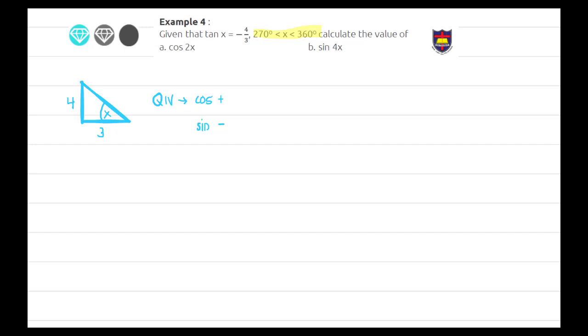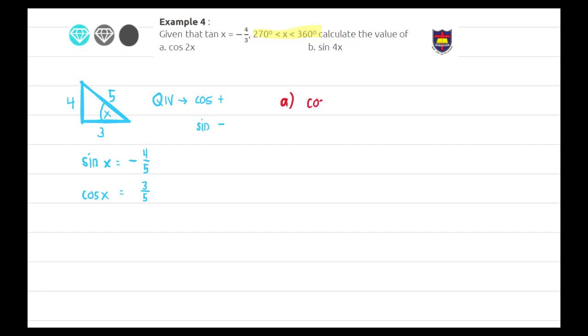Then, for the value of sine x here, it is opposite over hypotenuse, which is 4 over 5. And since it is in the fourth quadrant, we add the negative sign. And for the value of cos x, it is adjacent over hypotenuse and the sign is positive. Next, we will solve the cos 2x.